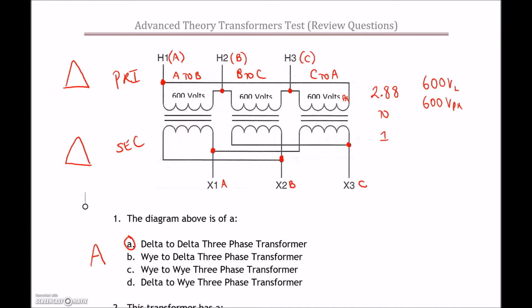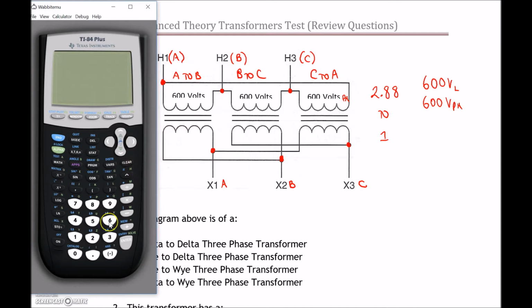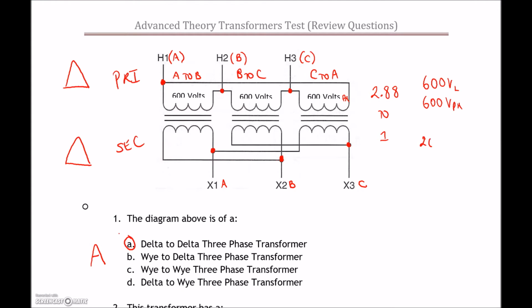Okay, so let's bring up the calculator here. We'll do a quick little calculation. We have 600 volts. We can clearly see that the voltage is lower on the secondary. So we're going to divide by that ratio, 2.88. And that gives us 208 volts. And because we have a delta on the secondary, that's going to be 208 volts on the line and 208 volts on the phase.